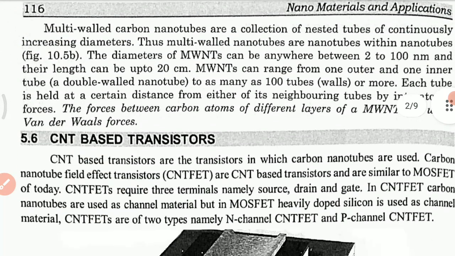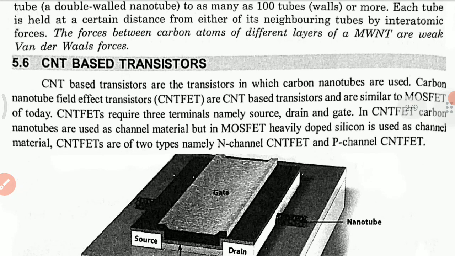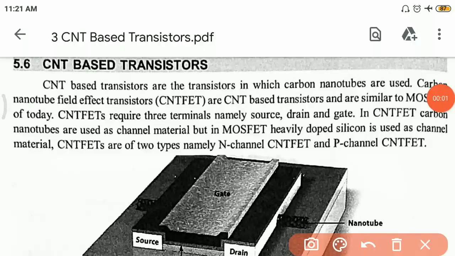Now let us come to our main topic, which is the CNT based transistors. From this name, CNT based transistor obviously means a transistor in which carbon nanotubes are used. You have already read about the field effect transistor in electronics, that is FET.